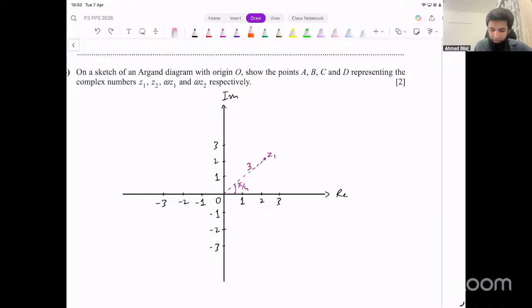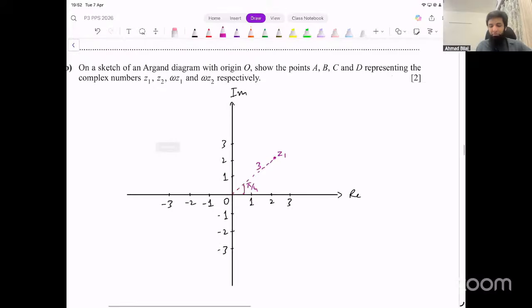So you can make something like this. That's not necessarily going to be accurate, but you can roughly make something like this. You can say this is Z2. It has a slightly smaller angle as compared to pi over 4. And the distance from origin for this, that is 1.5 units. Let me mark these slightly smaller. This distance is 1.5. That's Z2.